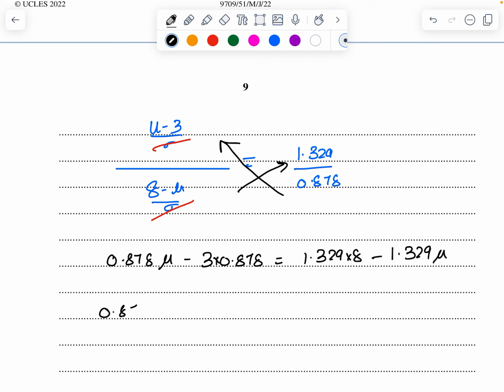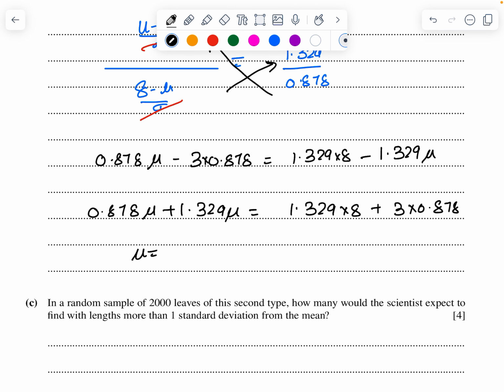Then 0.878 mu plus 1.329 mu equals 1.329 times 8 plus 3 times 0.878. So therefore mu will be equal to 1.329 times 8 plus 3 times 0.878 divided by 0.878 plus 1.329. Simplify that, you should be getting 2.27.